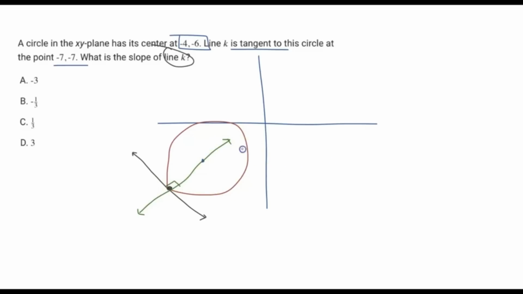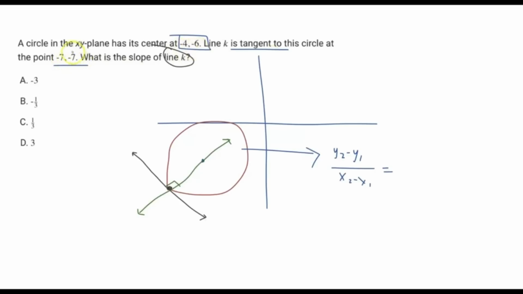So the slope of the green line, let's draw over here, is going to be based on these 2 coordinate points. So the equation is going to be y2 minus y1 over x2 minus x1. Let's look for the change in y. We're going from (-7, -7) to (-4, -6).